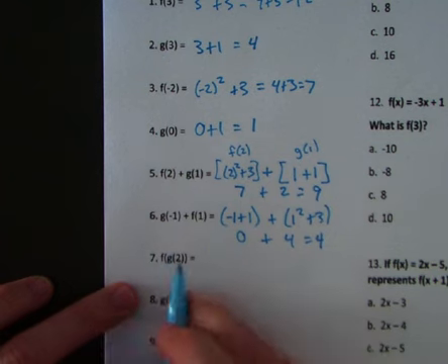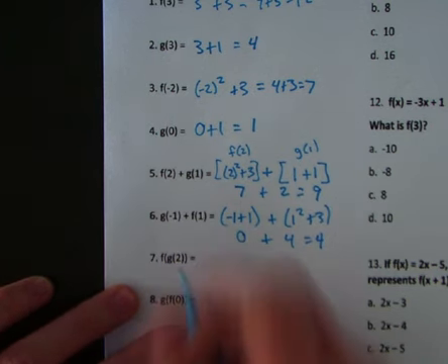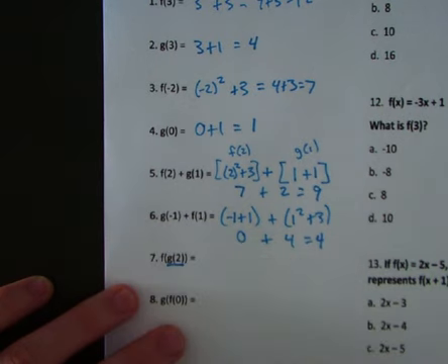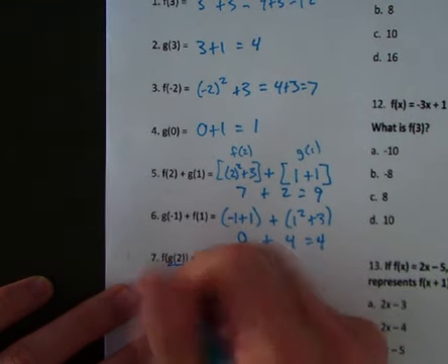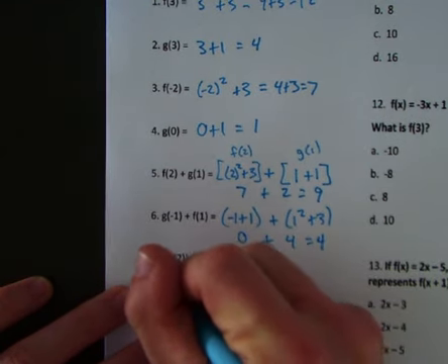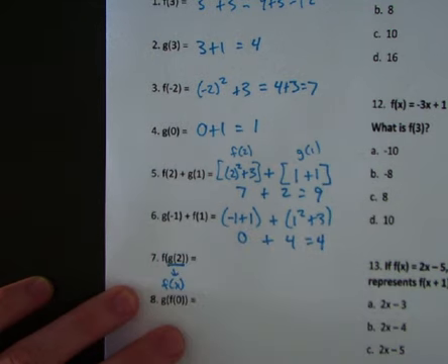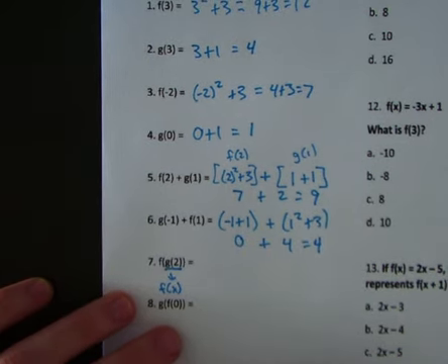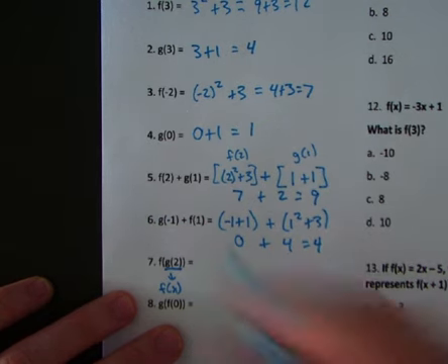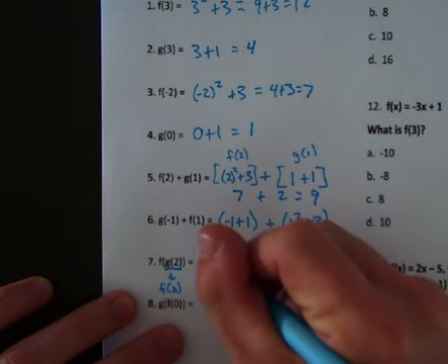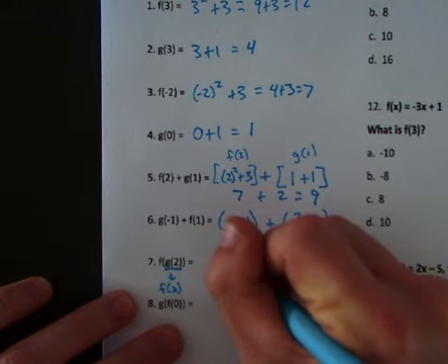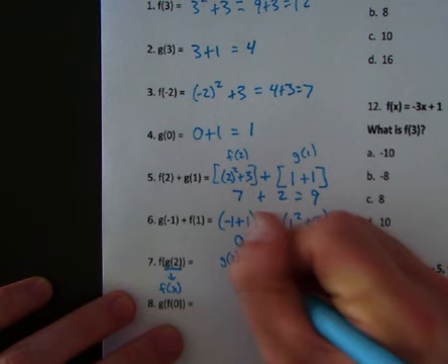So we got this one, which is a little bit trickier. This is f of g of 2. So what this means is we're going to solve for g of 2, and we're going to plug that in to f of x, okay? So we know that g of 2 equals 2 plus 1, right?